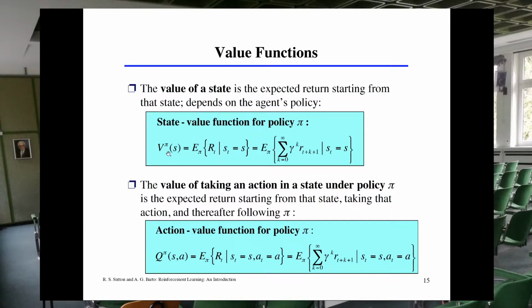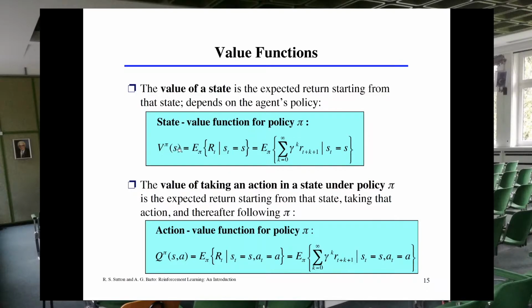That's why in the definition we always have a pi, because it means the amount of returns that you will get from that state while following a specific policy. So this is the definition of a state value function for some policy pi.